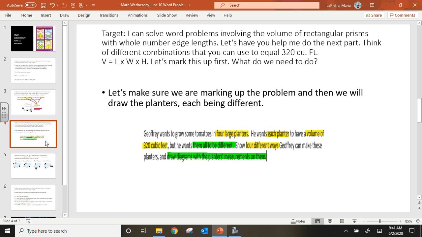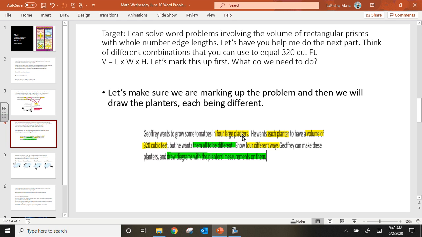So I will start some of this, and I want you to think, and then I'll ask you some questions. So think of different combinations that you can use to equal 320 cubic feet, because that's the next thing that we're going to do. Jeffrey wants to grow some tomatoes in 4 large planters.